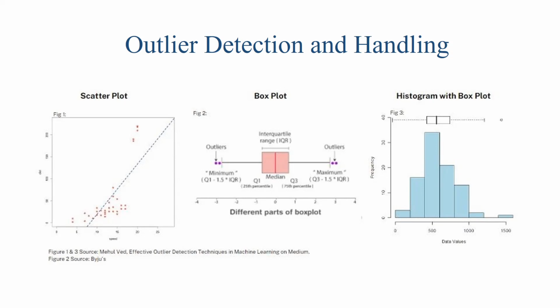Once we are done with the transformation, we are going to do capping or flooring. One method of imputing is simply giving an upper limit value to the higher outliers, or giving a lower limit value to the lower outliers. So this is one way.